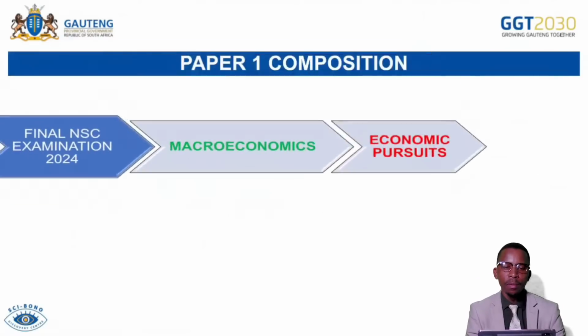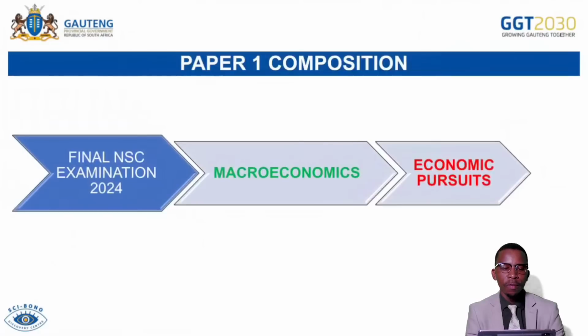So in our paper, we have macroeconomics and economic pursuits. Remember, we have already made your choice, I believe, on whether you want to invest yourself mostly in macro or economic pursuits. So always remember that our macroeconomics consists of 4 main topics, namely the circular flow, business cycles, the public sector, and international trade under foreign exchange markets.